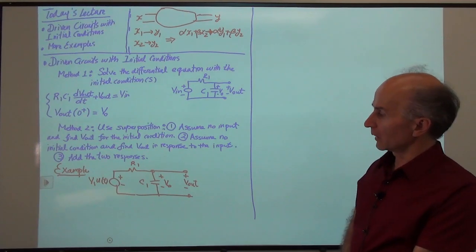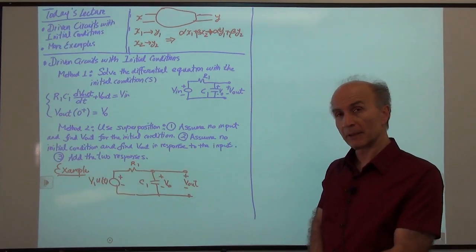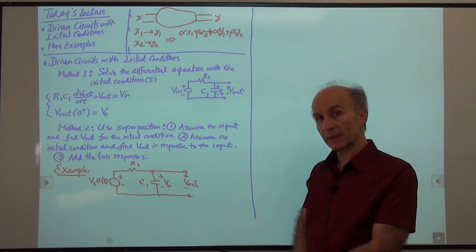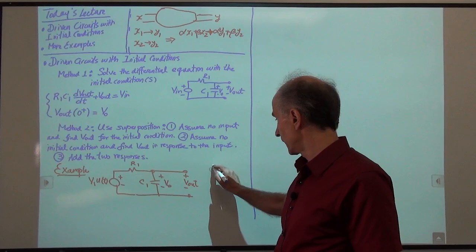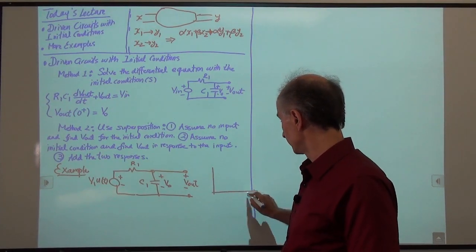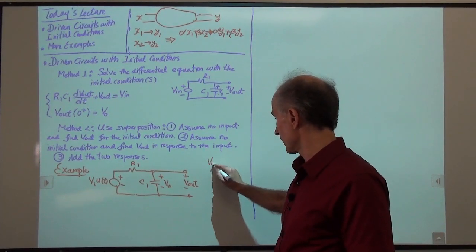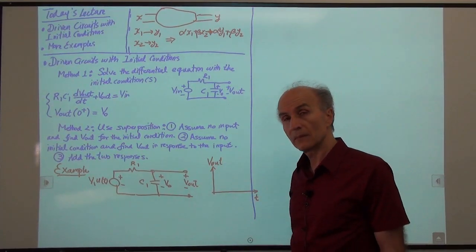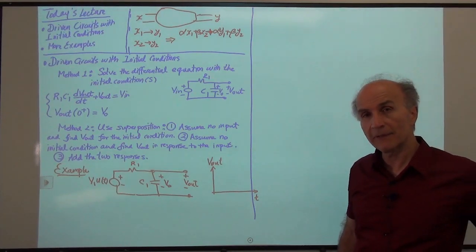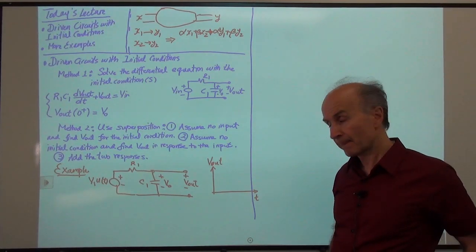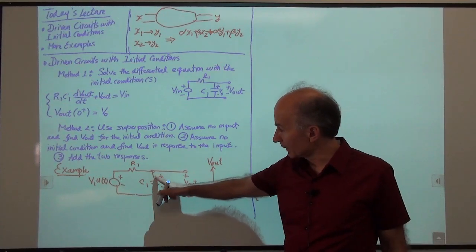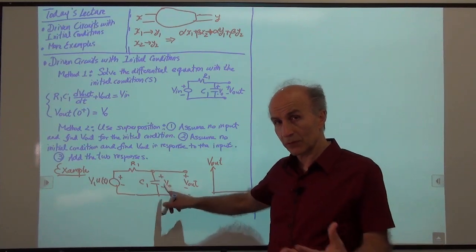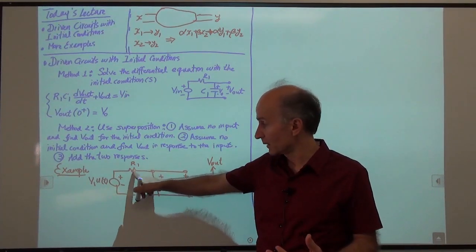Okay, so there are many approaches to solving this problem. In fact, we could just eyeball it and decide what V out should look like. So let's try to predict the shape of V out as a function of time. How much is V out at time 0 plus? We know that the initial condition of the capacitor is V0. The current available to charge this capacitor is not infinity because there's a resistor here.